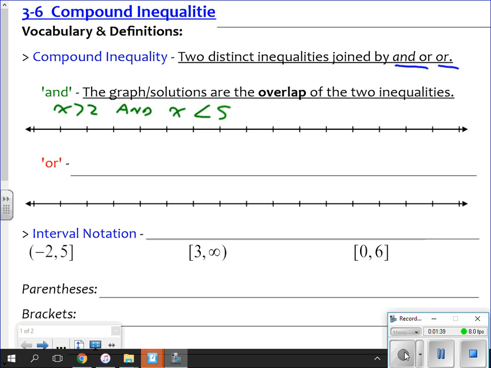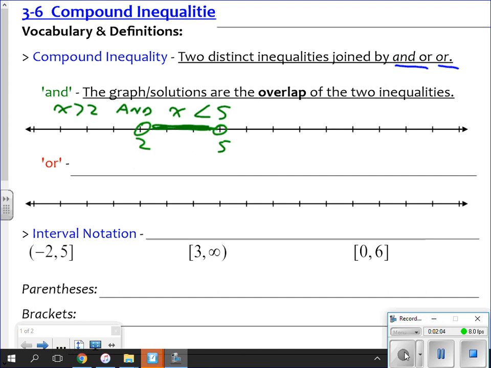So if I were to graph it, here's a 2, 3, 4. Here's my 5. Open circle on the 2. Open circle on the 5. And I want everything larger than 2 and smaller than 5. It has to be true for both of them. So that's the compound inequality that's between those two numbers.